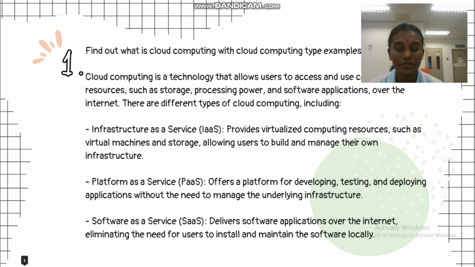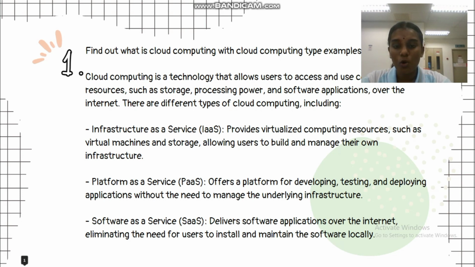There are different types of cloud computing, including IaaS, that is infrastructure as a service, which provides virtualized computing resources such as virtual machines and storage, allowing users to build and manage their own infrastructure. And the second one is PaaS, that is platform as a service.